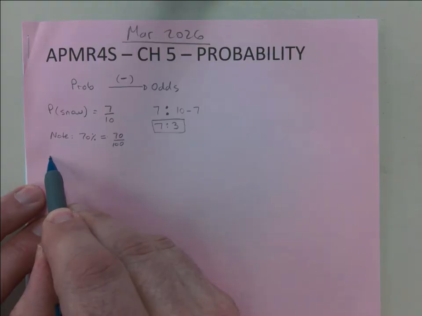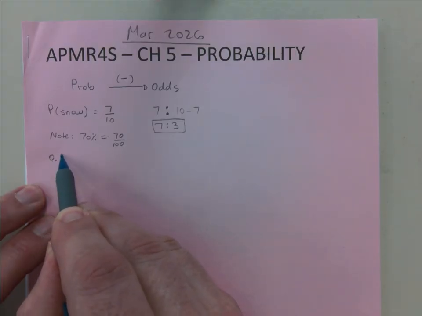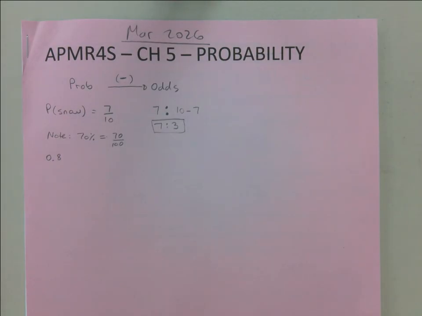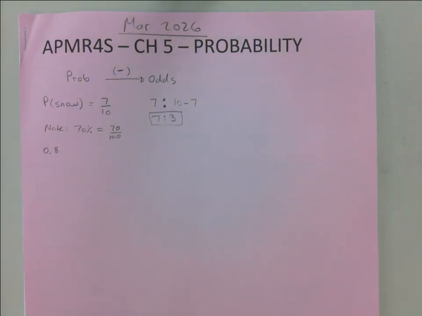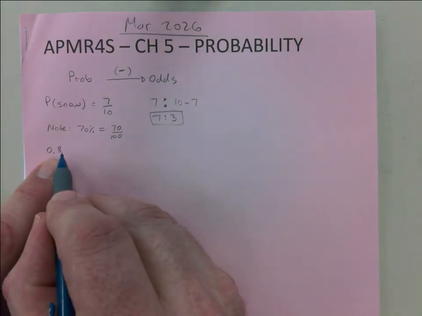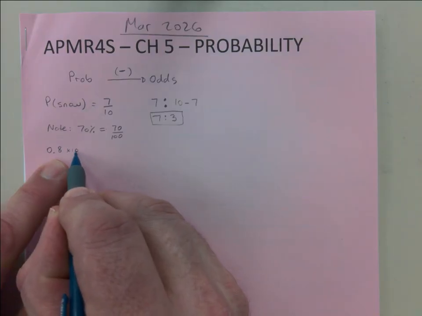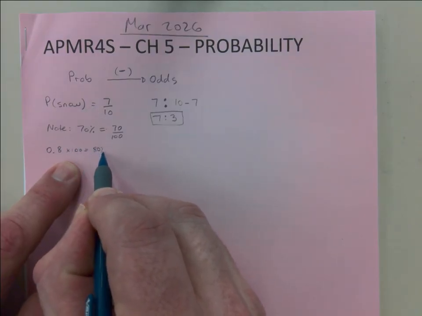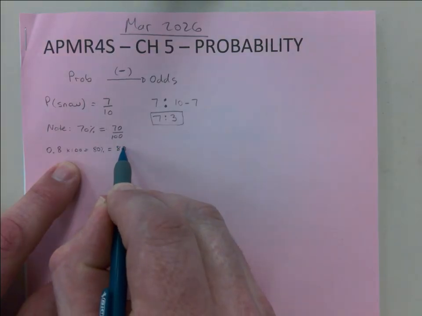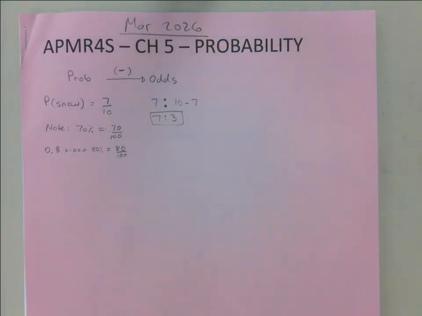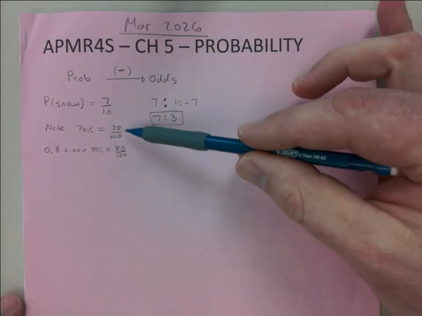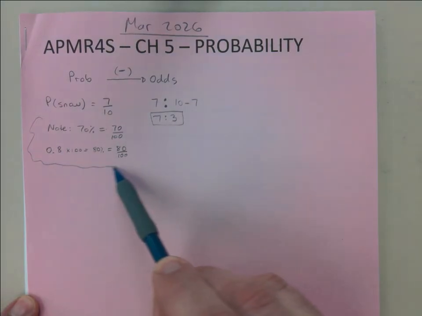If they give you the probability as a decimal, and you forgot, you slept during, I mean, it was COVID years, right? Junior high. So you just multiply that by 100, that's 80%, and now all of a sudden you have a number out of 100 as well, right? So this is just a note.